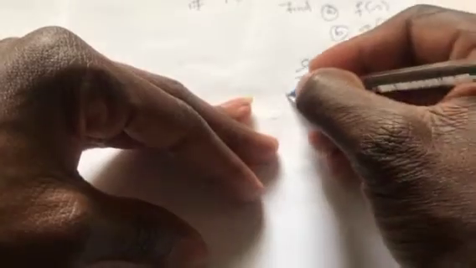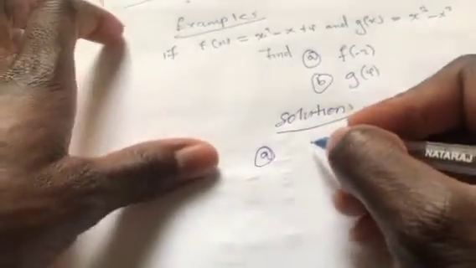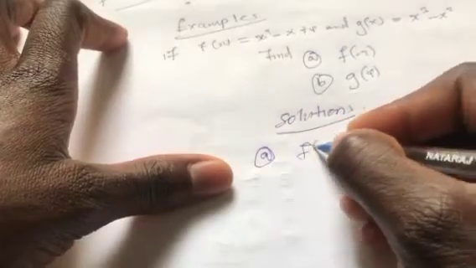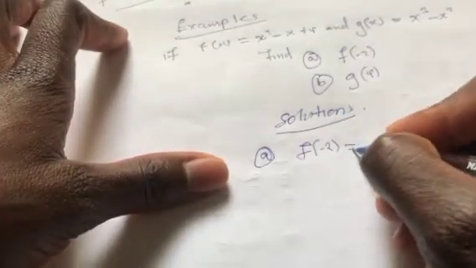For a, f of negative 2 is going to be equal to what?